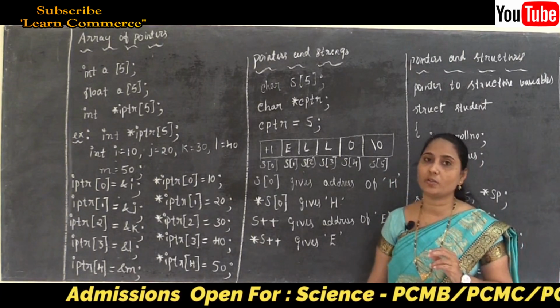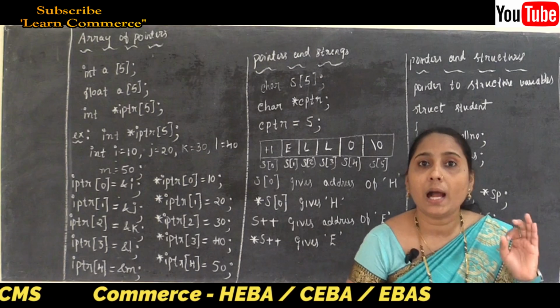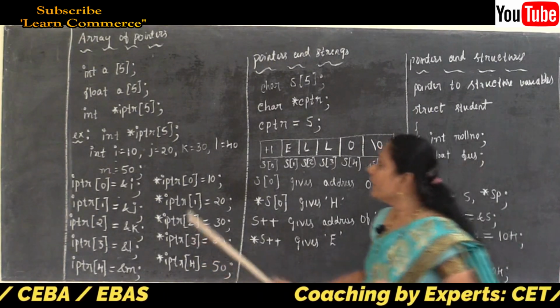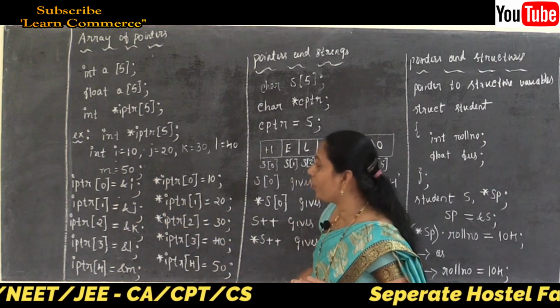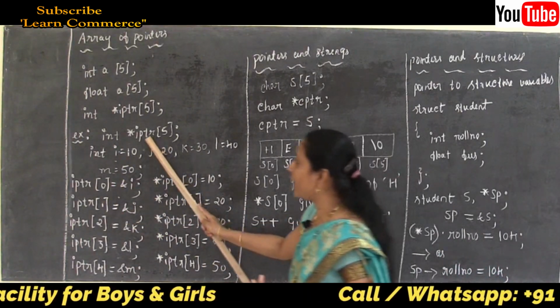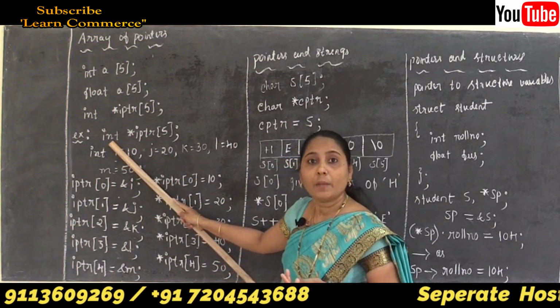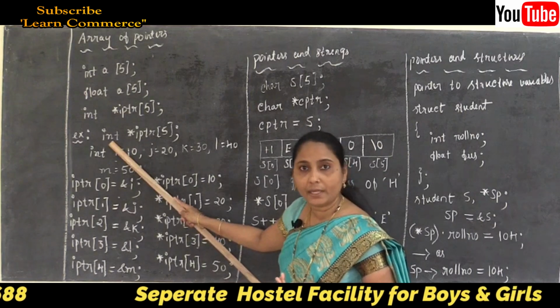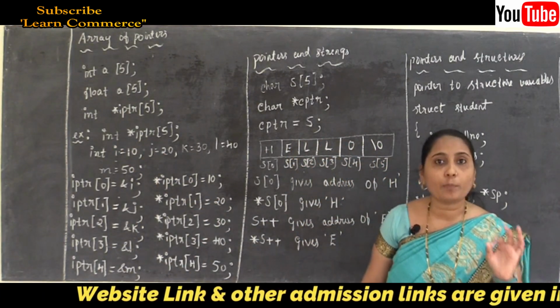Now let's complete the meaning of the array of pointers using one example. Before accessing the addresses, I am going to declare the array of pointers using the data type int and the pointer star, with size 5, because it is not a plain variable, it is a pointer variable.